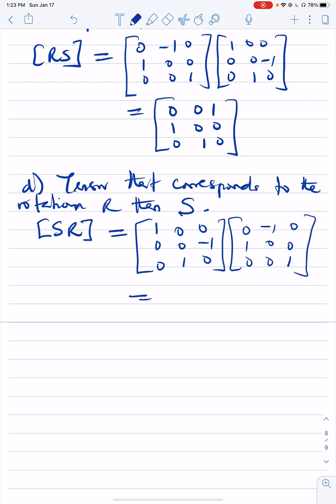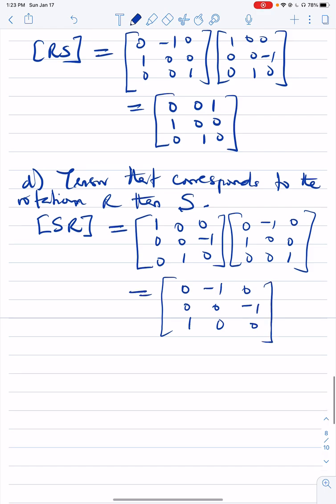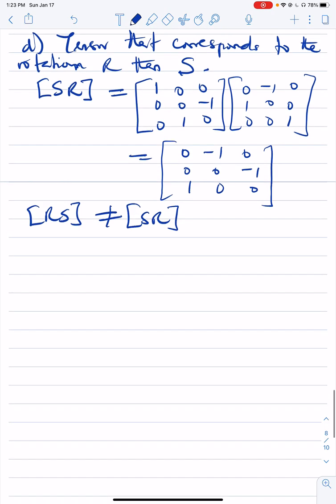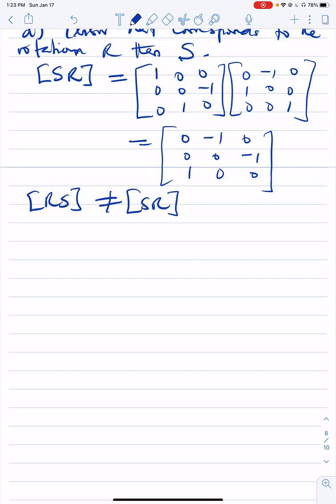If you compute that correctly, you should get 0, 0, 1, minus 1, 0, 0, 0, minus 1, 0, right? Now, if you look at both expressions, of course, RS is not equal to SR. So you have to pay attention if you are trying to solve a practical question. If you are rotating with one tensor, then rotating with another tensor, you have to know exactly what you need to do. Yeah, I hope this makes sense.